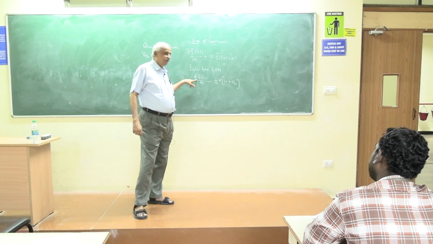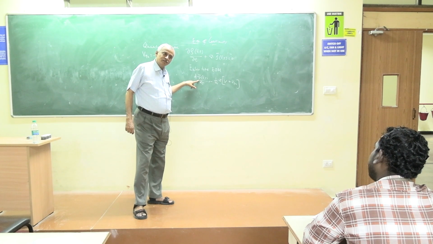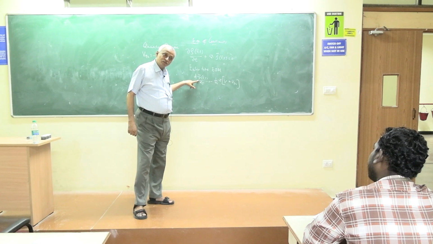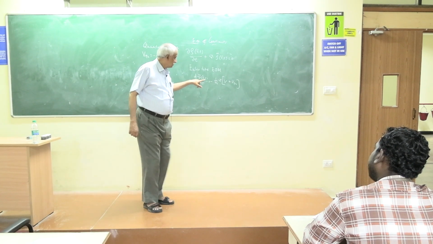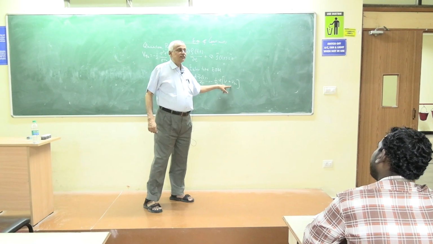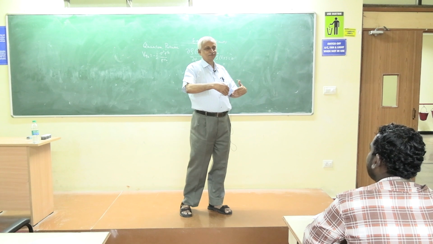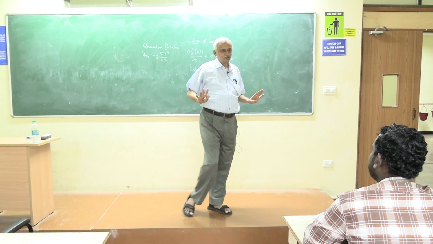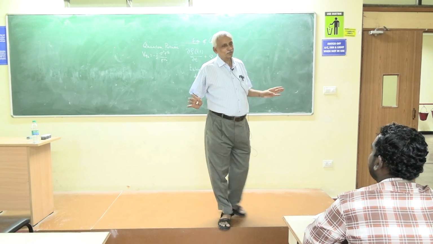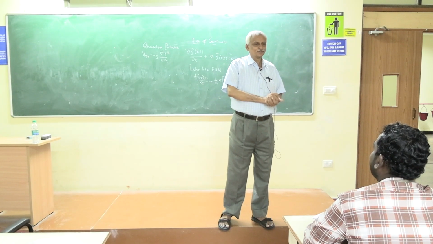thing. M dv dt. dv dt is what? Acceleration. Mass into acceleration is what? Force. Negative gradient of potential is force. Here the only thing is the classical potential is augmented by quantum potential, that is it. So, you can see Euler equation is just another way of writing Newton's equation of motion.